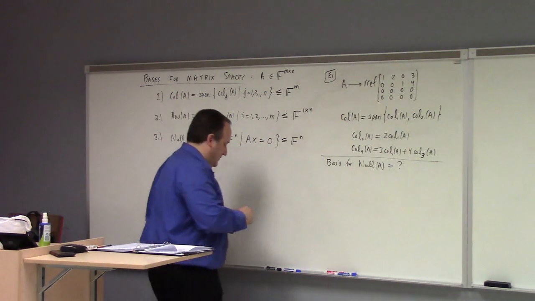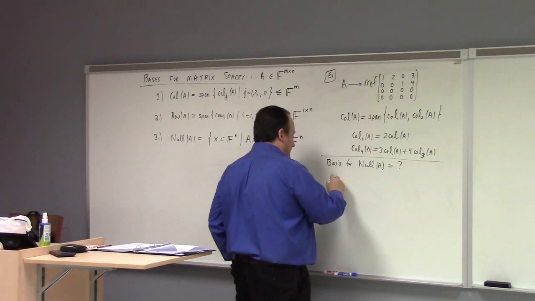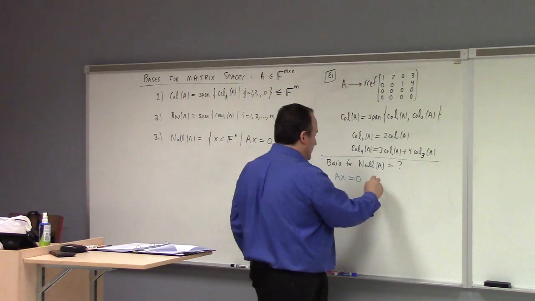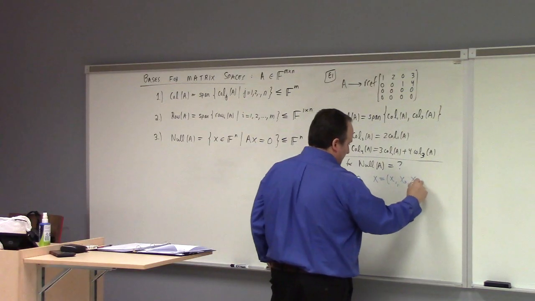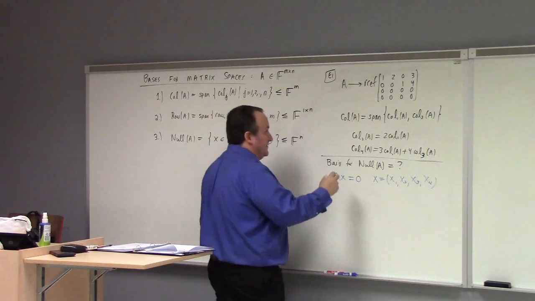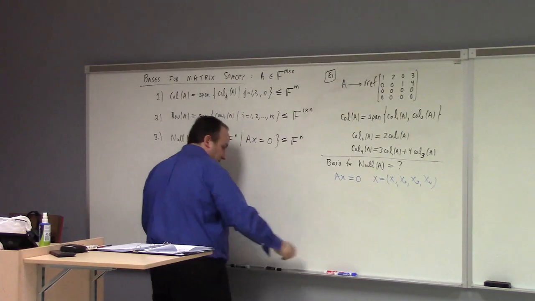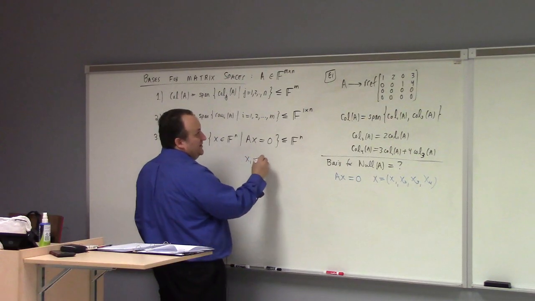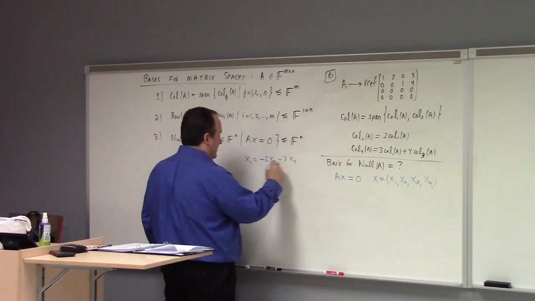All right, so the way we find the basis for the null space, I'll remind you, we look at AX equals 0, and we just work out what that means. So here, X is equal to X1, X2, X3, X4. And so my row reduced matrix up there reveals X1 is equal to minus 2x2 minus 3x4.